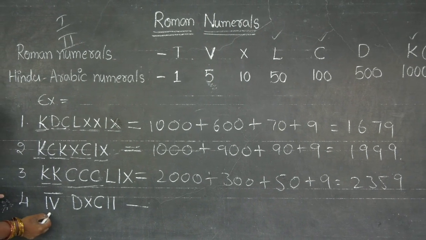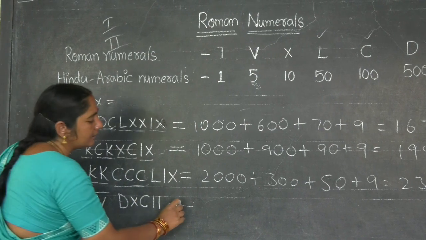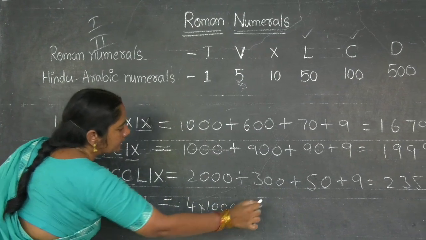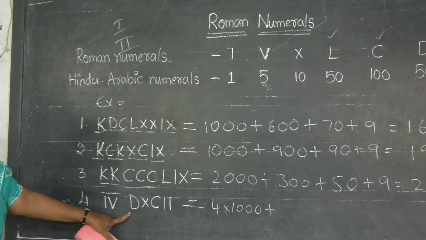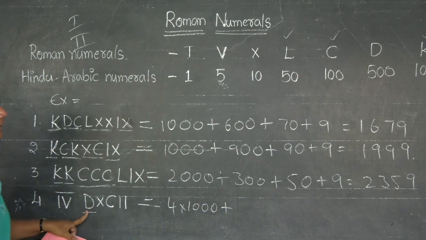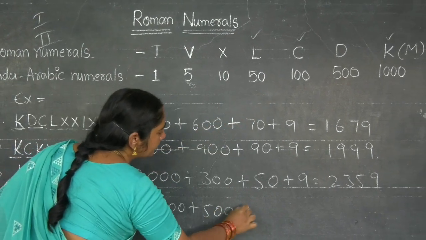Now, this is the last rule we have seen. If a bar is given, you have to multiply the number with 1000. So 4 into 1000. That is the thousands place. Next, only this one has to be considered. That is 500. That is D. That is the hundredth place.